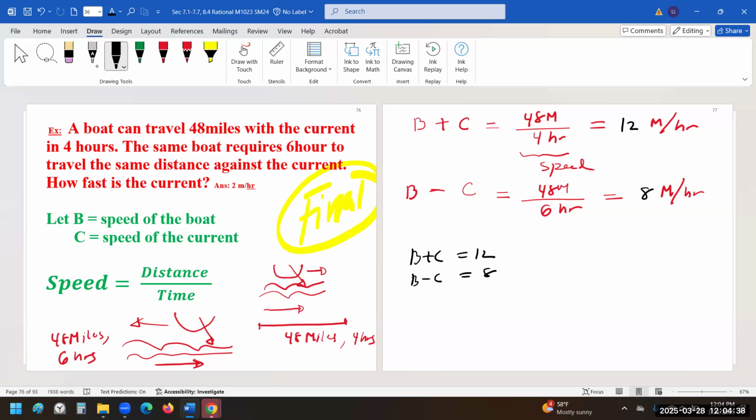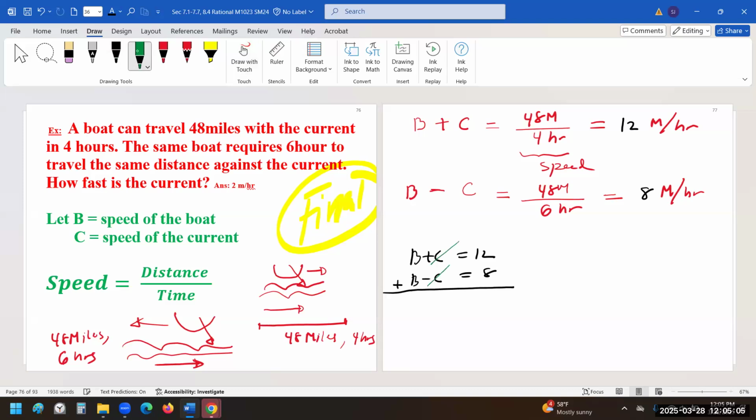Do you remember elimination? In elimination, what do you do? It's called elimination. Why? Because we are going to eliminate one variable, right? So can you eliminate one variable here if you add them? If you add the 2 equations, what happens?